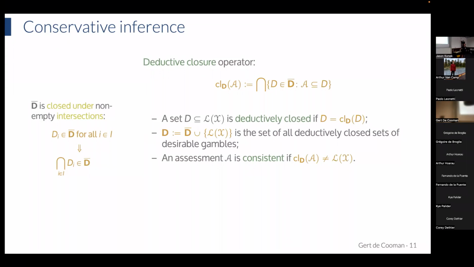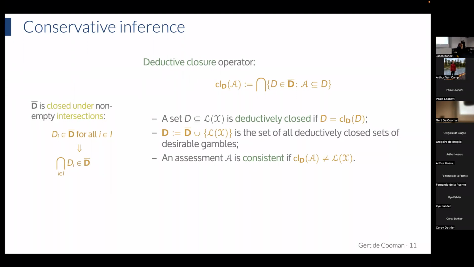I define the deductive closure that is associated with my logic: take any assessment, look at all the coherent sets that include my assessment, and pick their intersection. The intersection is going to be coherent if this set is non-empty. So if A is included in some coherent set, then this set will be non-empty and the intersection will again be coherent, because coherence is closed under intersections.